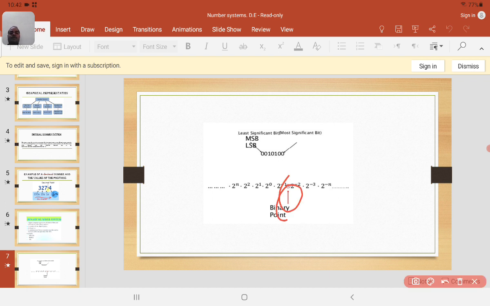Based on that binary point, the left side is 2 power 0, 2 power 1, 2 power 2 and so on. The right side of the binary point is 2 power minus 1, 2 power minus 2, 2 power minus 3, up to 2 power minus n.